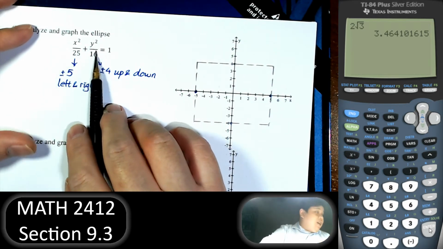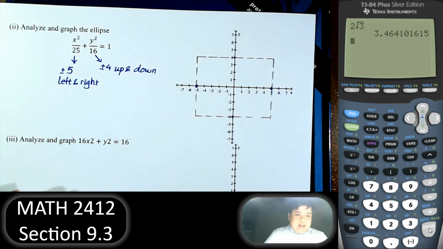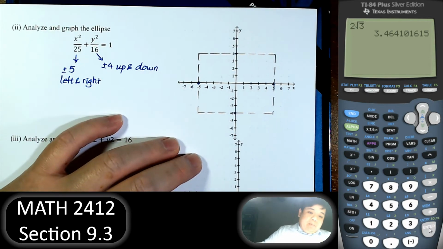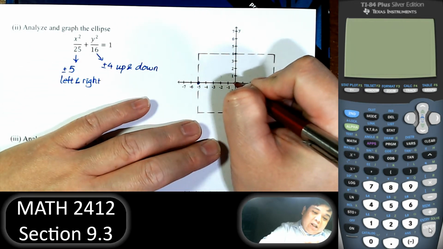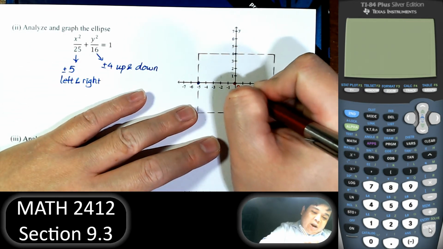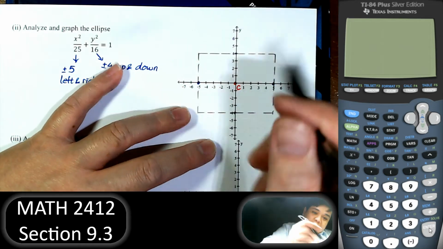This one, when we have x squared and y squared, it is not (x minus h) squared and (y minus k) squared, meaning there's nothing there, no h and k, so there is no transformation. The center will be right at the origin. The ellipse will fit inside this.